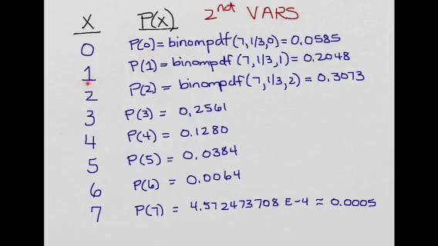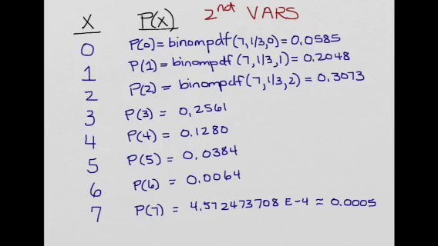Now the probability of exactly 1 success. So probability of 1 success, binom PDF again, 7 trials, probability of success 1/3, and we put in a 1. Now we have 0.2048, so that's gone up quite a bit from the first one.